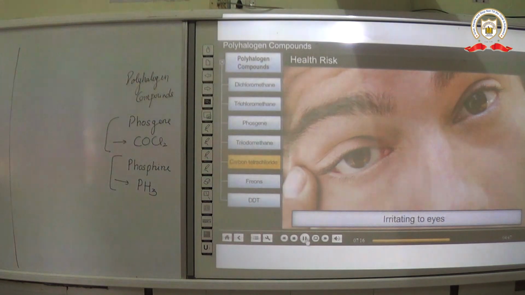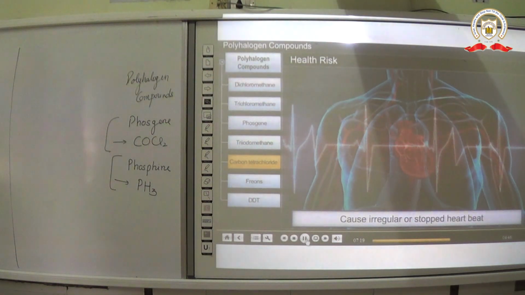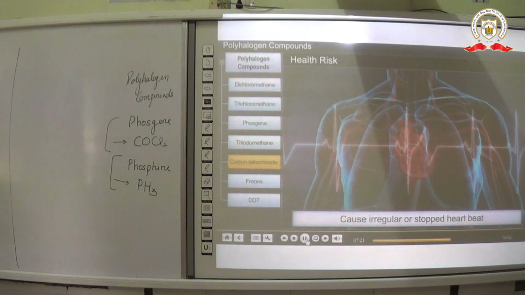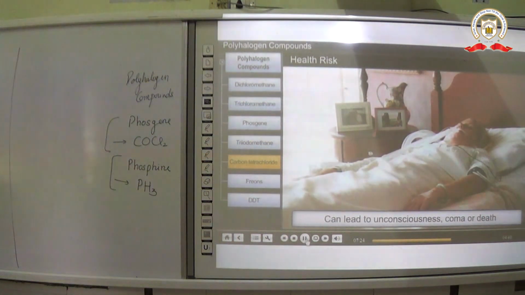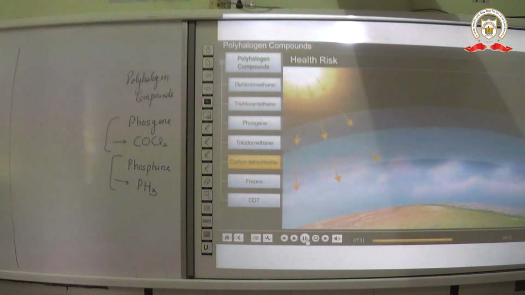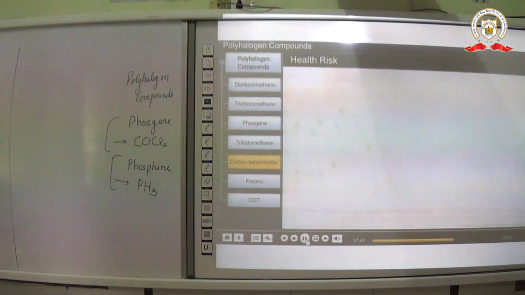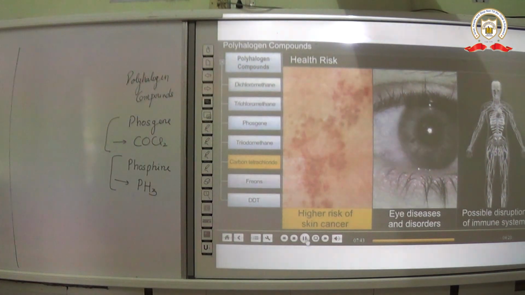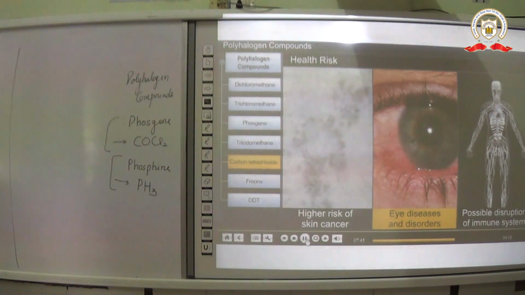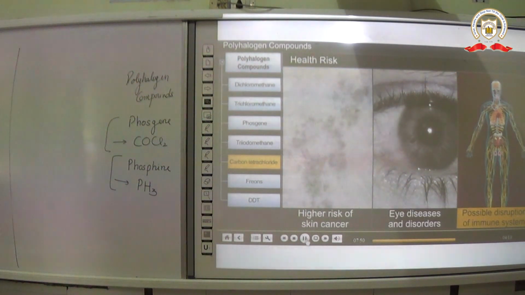It causes eye irritation and may lead to an irregular or stopped heartbeat. Continued exposure can lead to unconsciousness, coma, or even death. It has been linked to the depletion of the ozone layer. Depletion of the ozone layer increases our exposure to ultraviolet light, leading to a high risk of skin cancer, eye diseases and disorders, and possible destruction of the immune system.